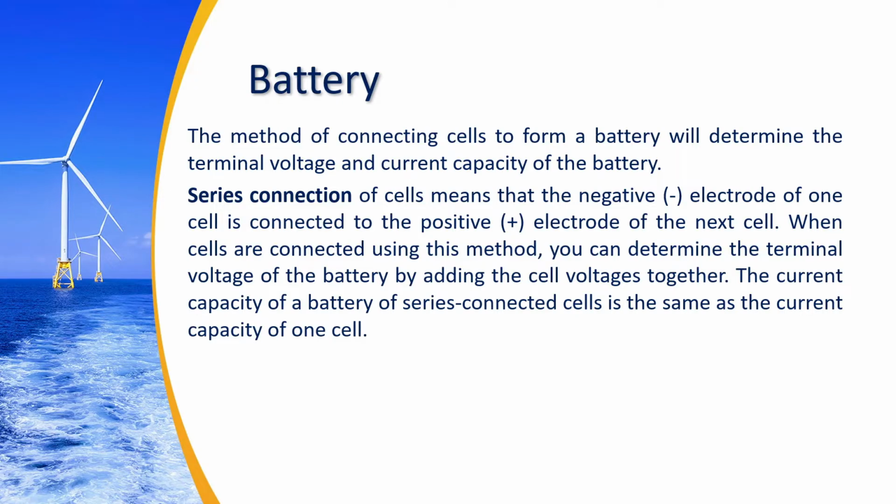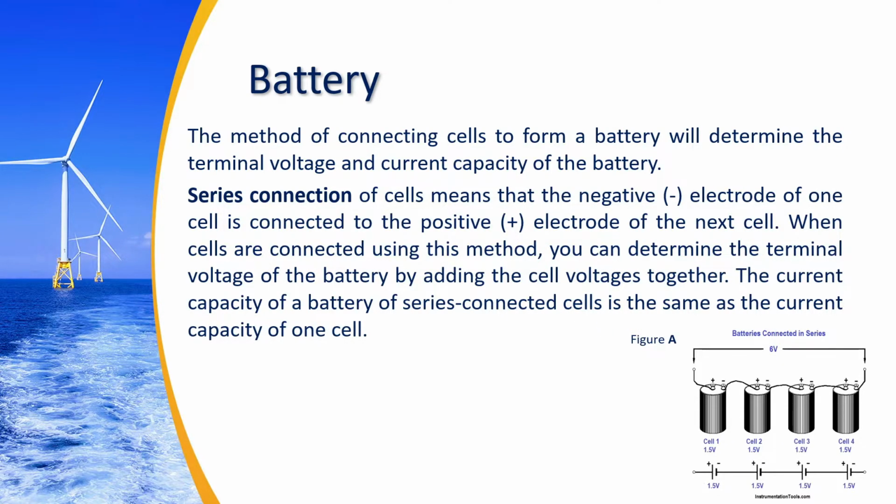So, when cells are connected using this method, you can determine the terminal voltage of the battery by adding the cell voltages together. So, the current capacity of a battery of series connected cells is the same as the current capacity ng one cell. Okay? So, pare-pares naman sila ng current capacity pag in series connected cells.